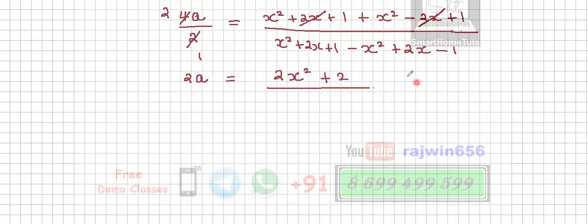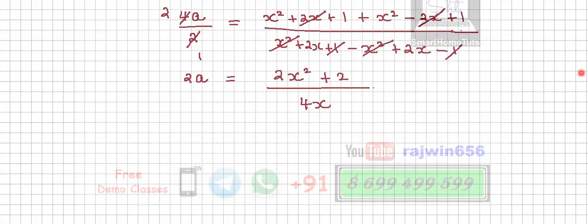Divided by. Look for the denominator terms. x square minus x square, so this is getting cancelled. Plus 2x plus 2x, this is going to become 4x. Plus 1 minus 1, this also will get cancelled.